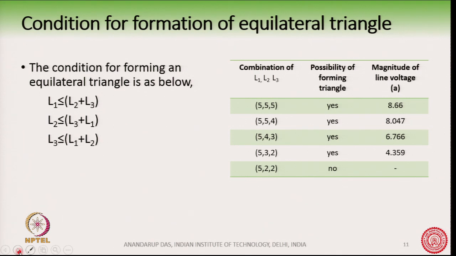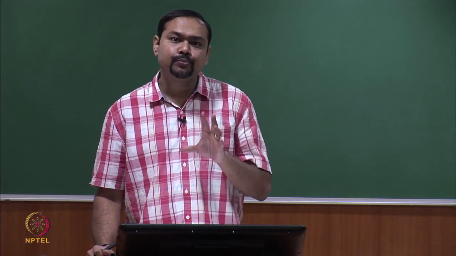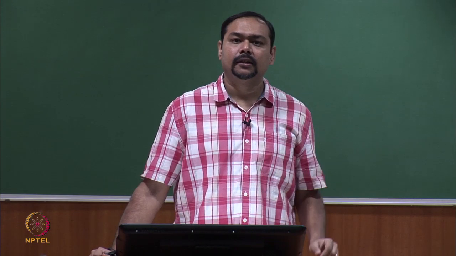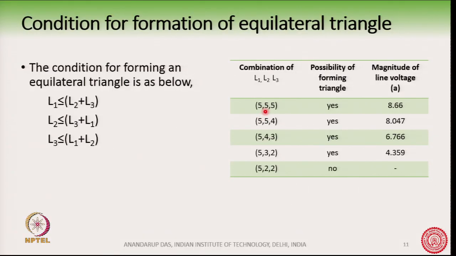This condition tells us how many cells can be bypassed in order to produce a balanced line voltage. How many can I go on bypassing? I cannot go on bypassing for any number. For example, let us take the combination 555 and the value of A that we will obtain.